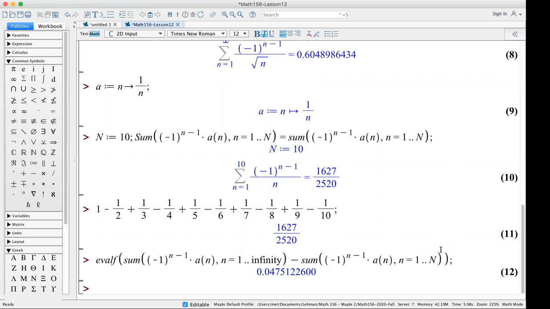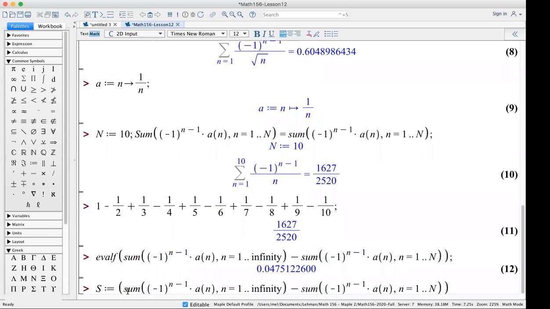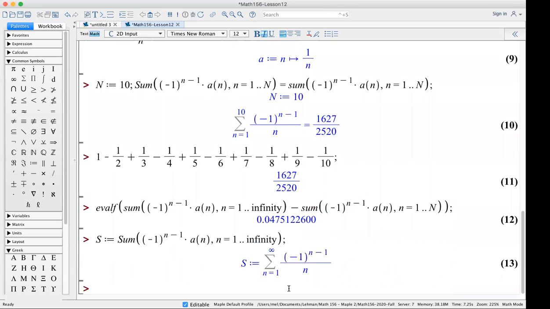So suppose we let S be the infinite series.